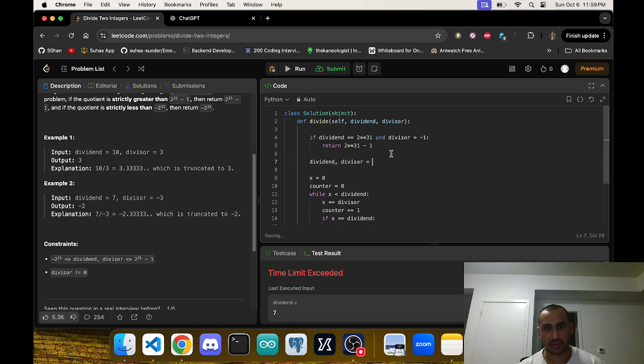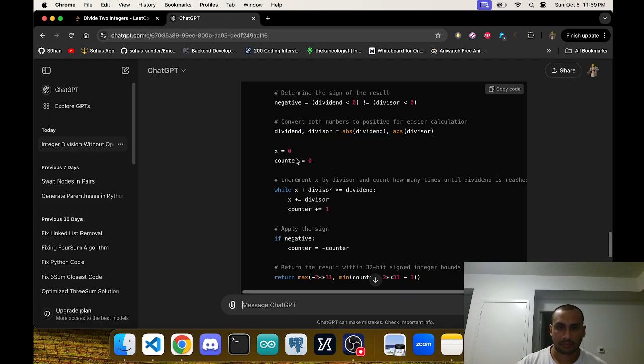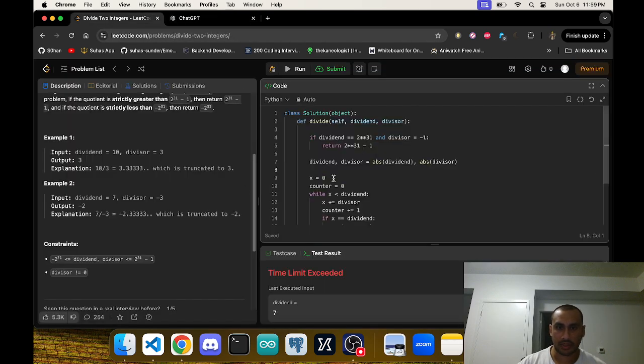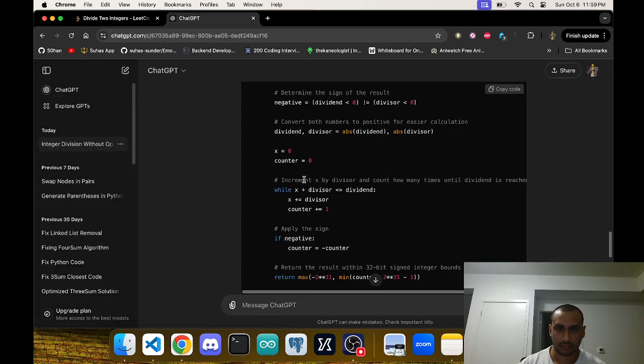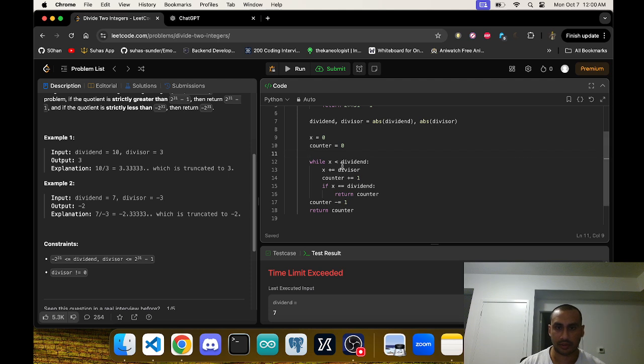And then ABS both. X equals 0, counter equals 0. Yep, same thing. X plus divisor is less than or equal to dividend.